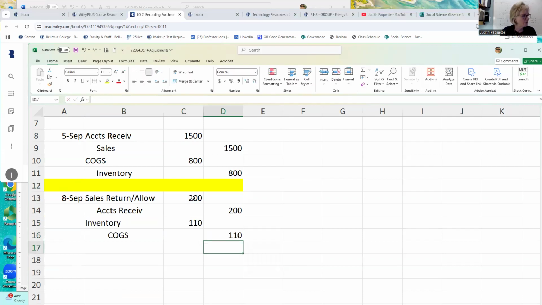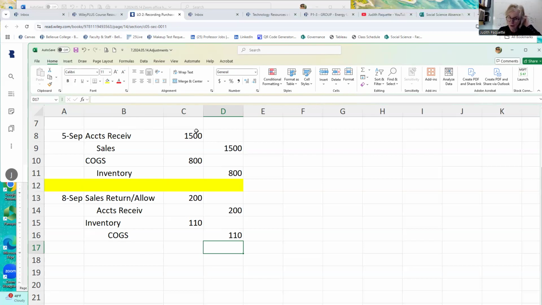Be careful to put the twins together. Accounts receivable and sales, same number. Cost of goods sold and inventory, second twin, same number. That works the same for the returns. I know this is a 4-line journal entry.